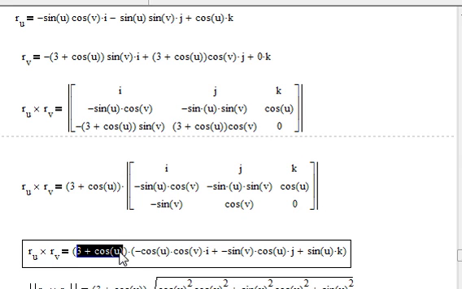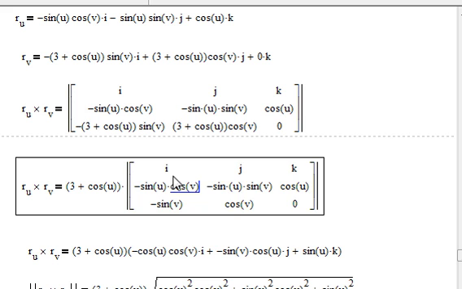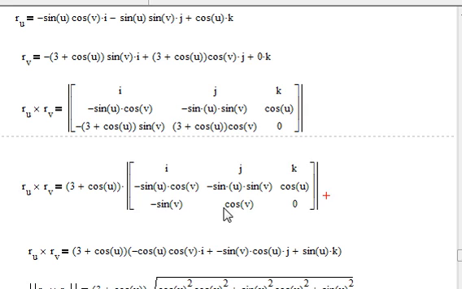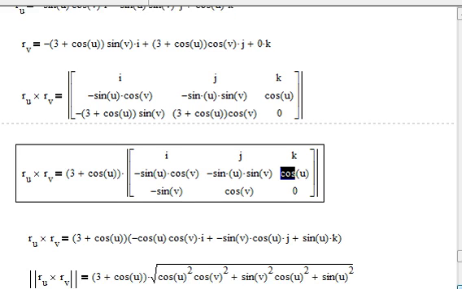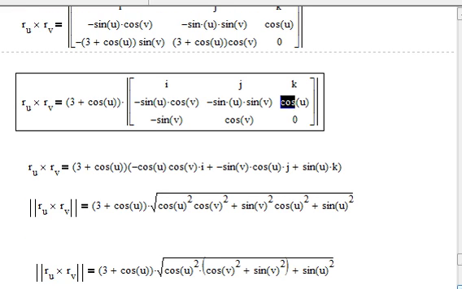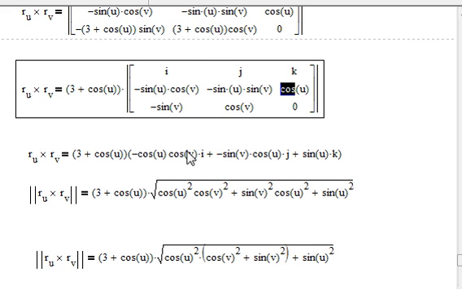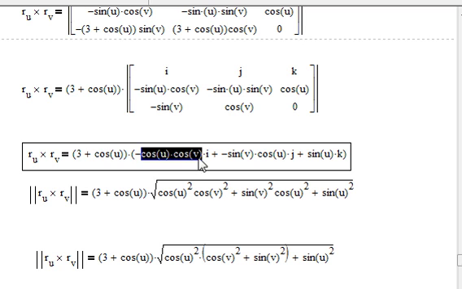So our cross product is going to be this constant times i times this minor, that's this times this, which is 0, minus this times this, which is minus cosine u cosine v. So we get i times cosine u cosine v, don't forget this is a factored out constant.